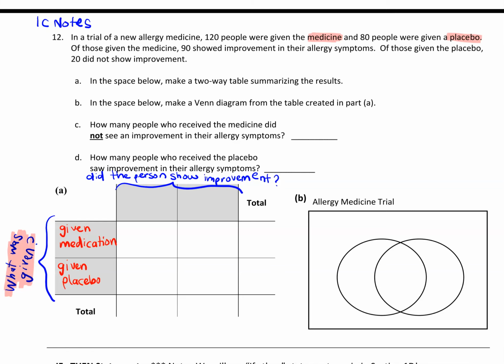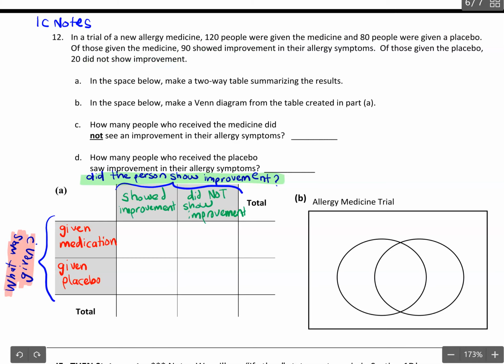Now, the other binary situation is about whether or not the person showed improvement, right? So they either showed improvement or they did not. So I'm going to use my columns to represent that binary situation. They either showed improvement or they did not show improvement.